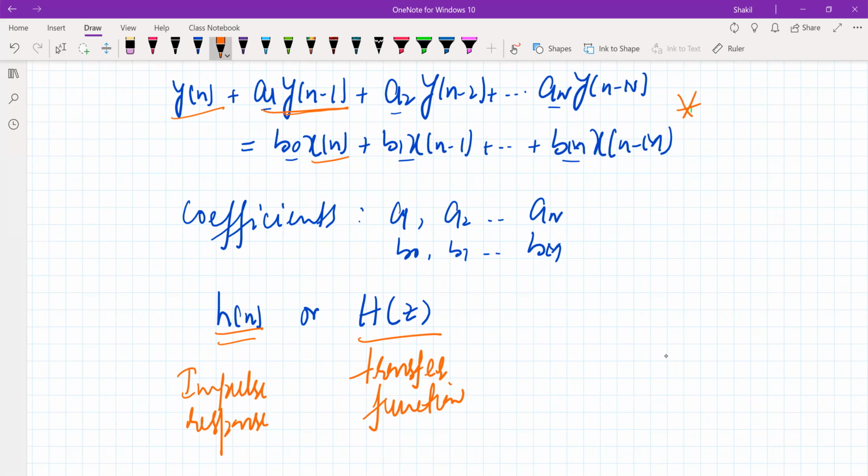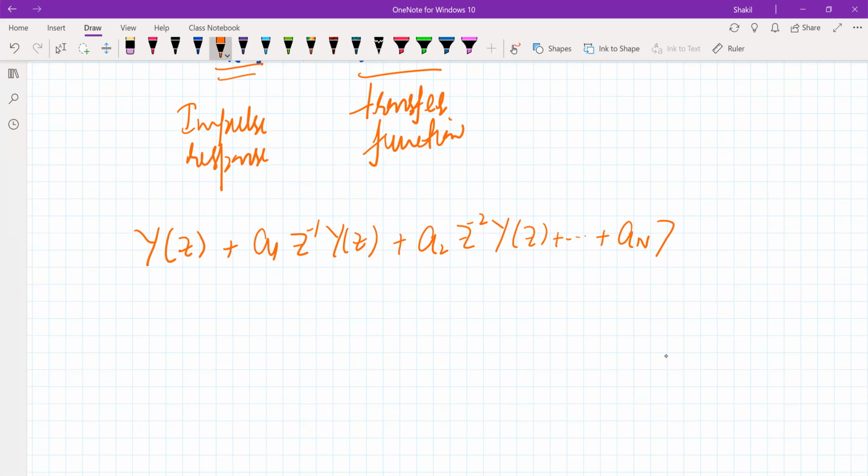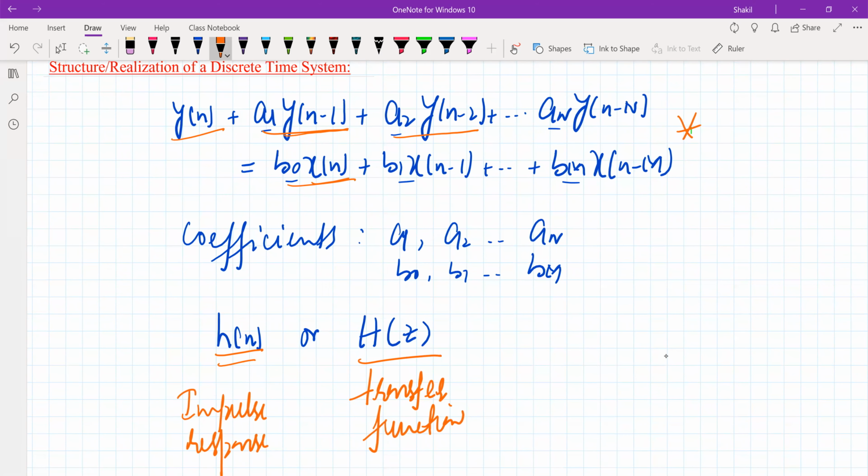Same way, the Z transform of this term will be a2 z raised to minus 2 y of z. So we can write it like this: a2 z raised to minus 2 y of z plus so on plus an z raised to minus n y of z is equal to b0 x of z, meaning the Z transform of this term.